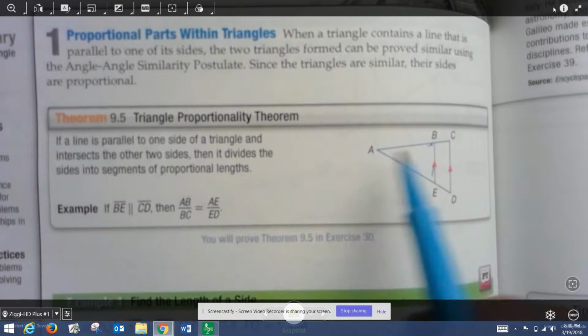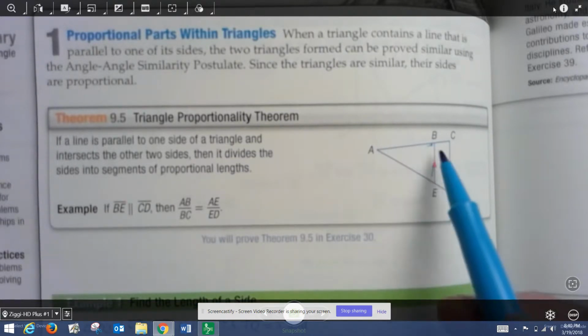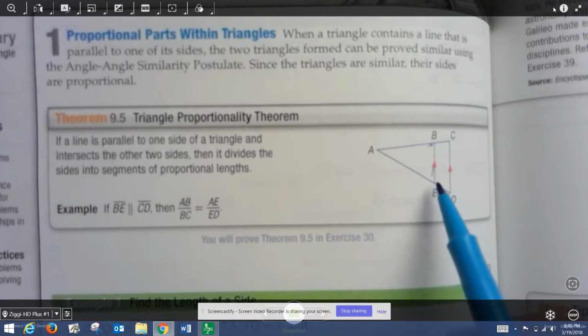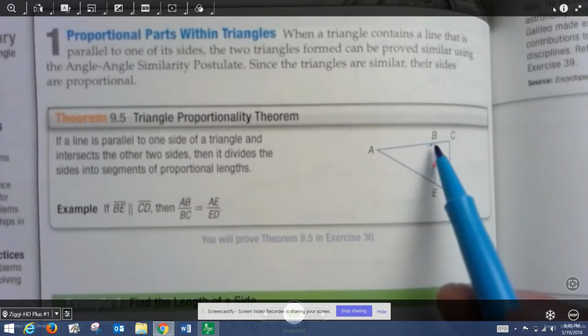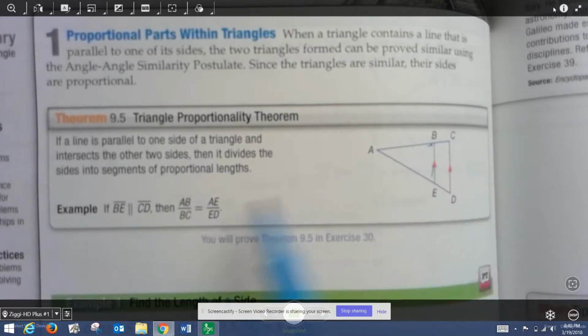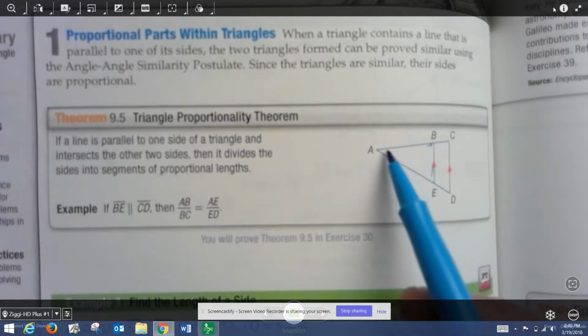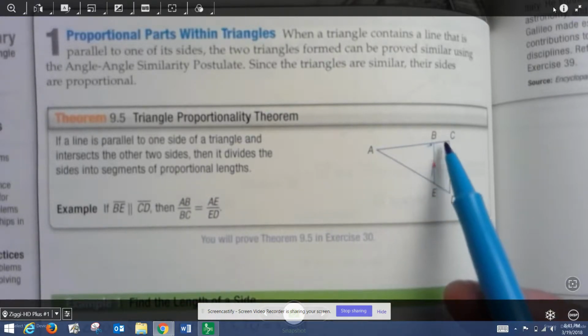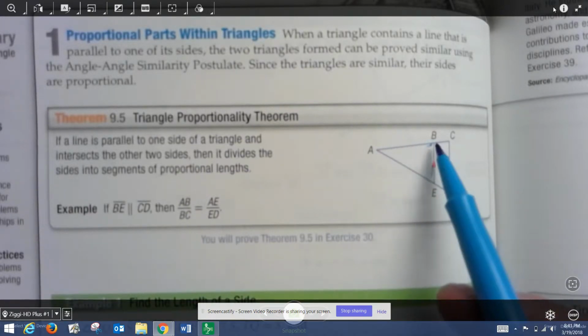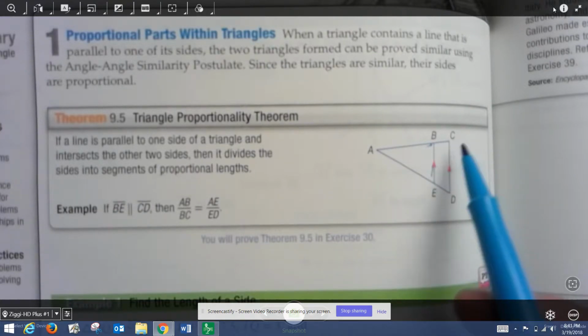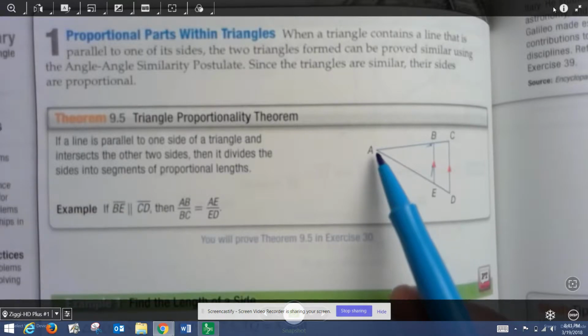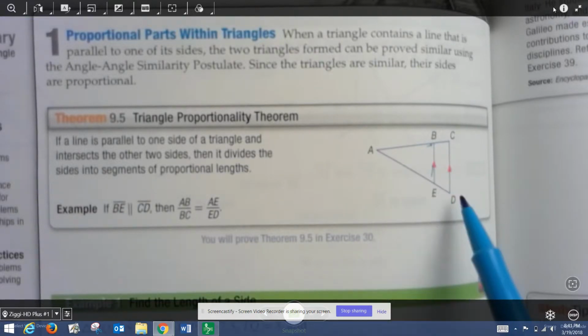With this BE line, we cut this triangle into two proportional parts. So AB to BC, this longer side here and the shorter side here, if we make a ratio between the larger side and the smaller side, it is proportional to the same ratio of the other side, AE and ED.